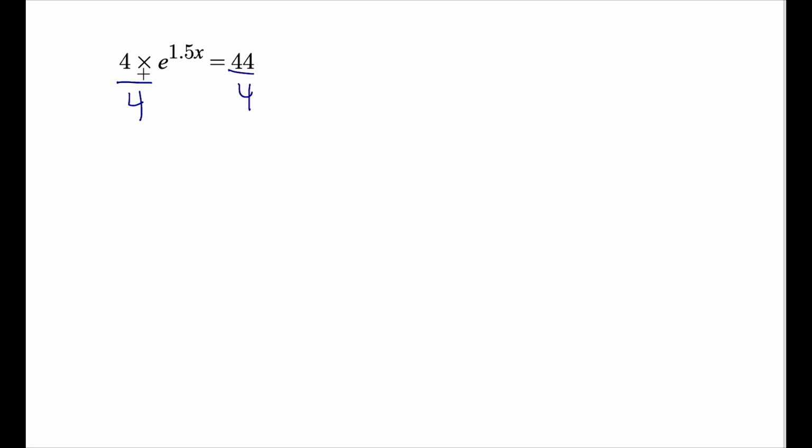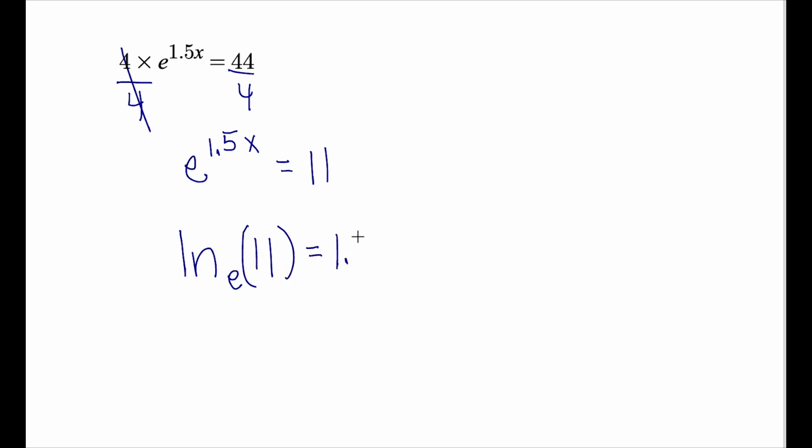First, we'll divide both sides by the coefficient, and that makes e to the 1.5x power equals 11. Now we'll write this in logarithmic form. I have the natural log, base e, of 11 equals 1.5x.